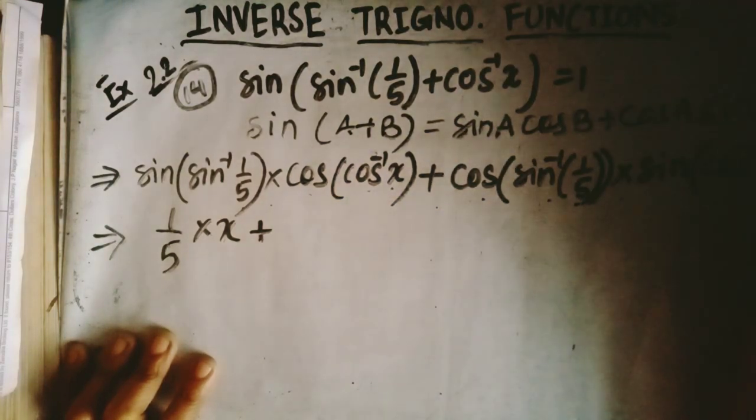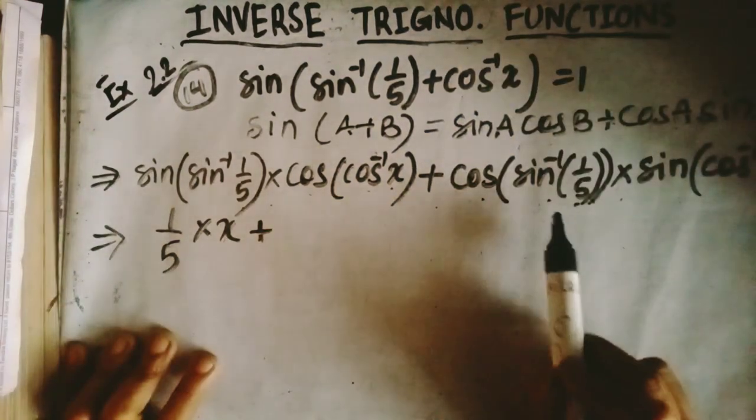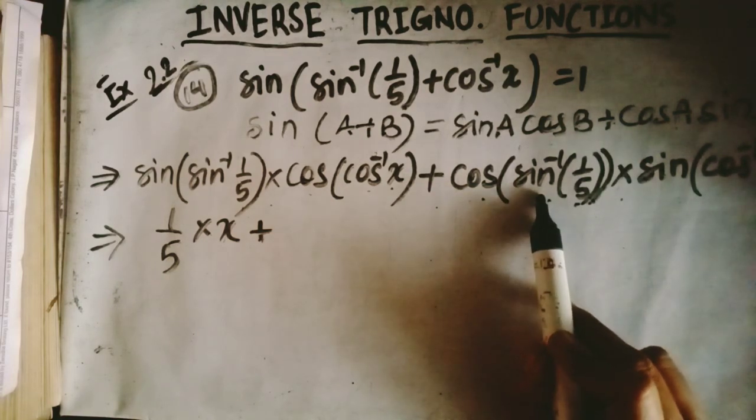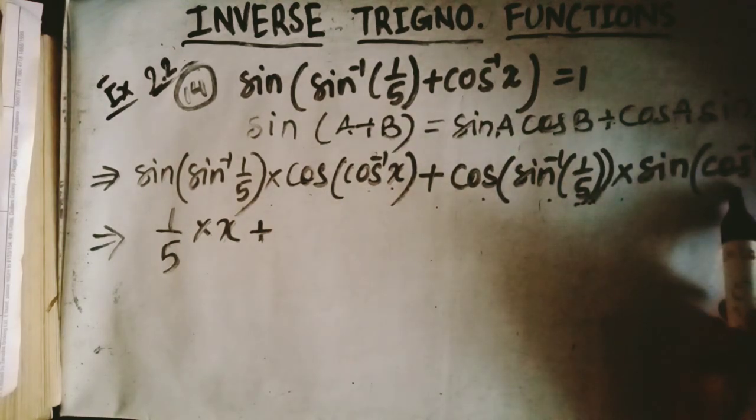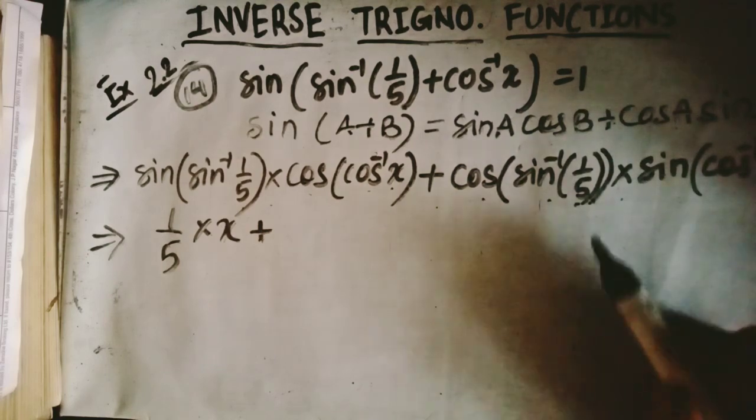So this is equal to 1, it is given. So we have to find cos of sine inverse in terms of cos, and also we have to find sine of cos inverse in terms of sine. So we can make use of the triangle method.